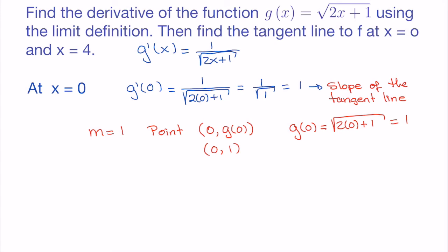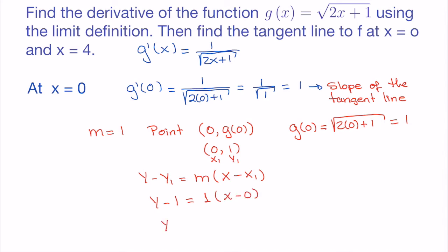And then for the tangent line, we use the point slope formula, which is y minus y1 equals m times x minus x1. Recall this is x1, this is y1, and the slope is 1, so we get y minus 1, where y1 is 1, equals m, which is 1, times x minus x1, which is 0.